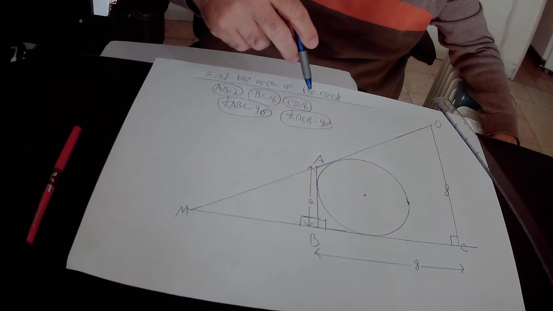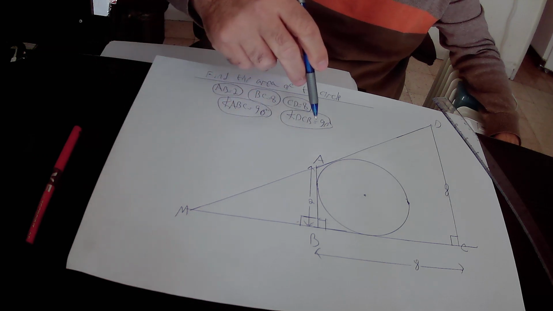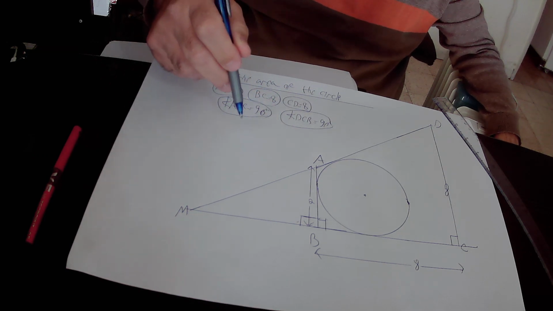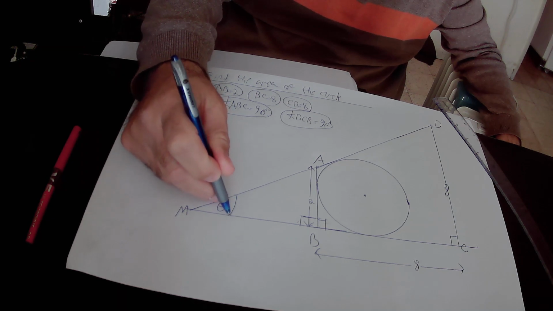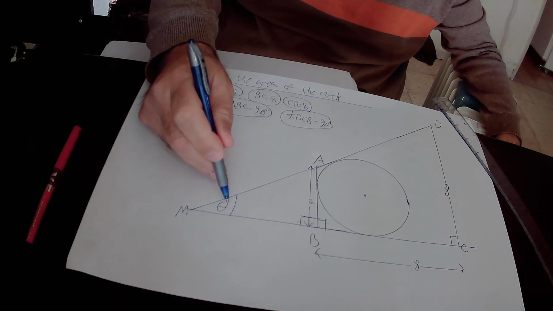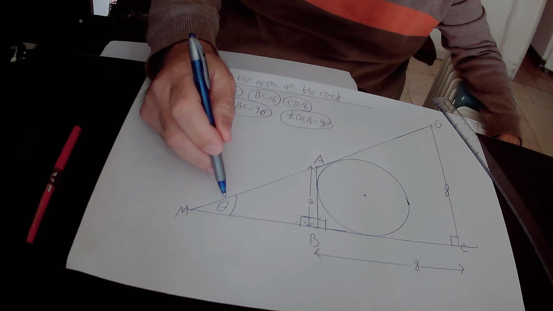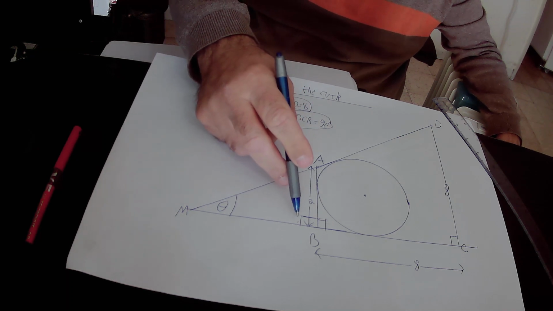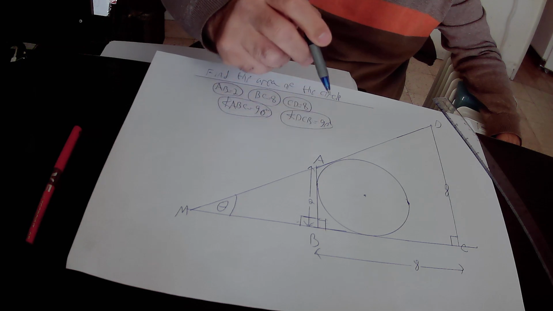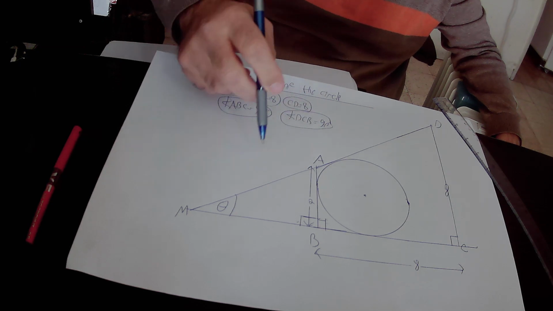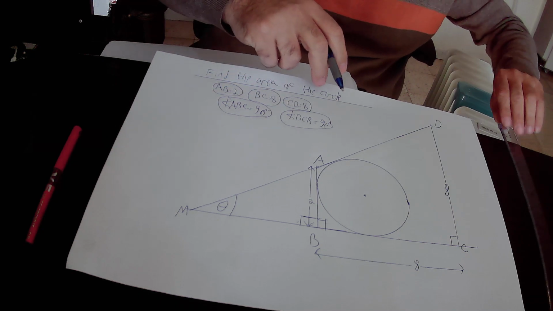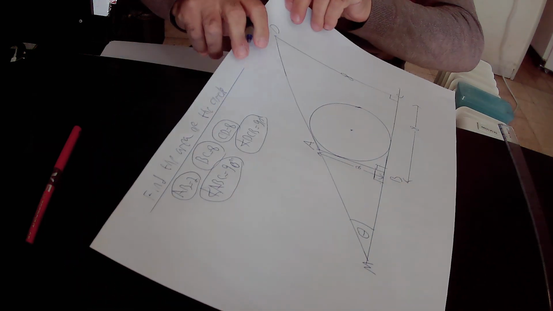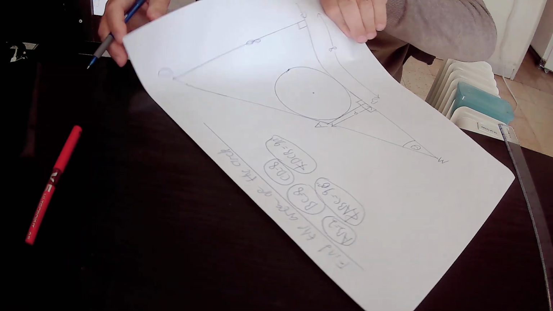So, we'll focus on the right triangle ABM, and we'll define this angle as theta. In the right triangle ABM, this angle equals theta according to our definition, plus this angle is equal to 90 degrees, plus the missing angle. In total, the sum of those three angles must be equal to 180 degrees, according to the rule that the sum of the angles in any triangle is equal to 180 degrees.